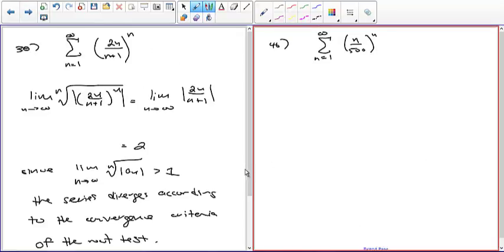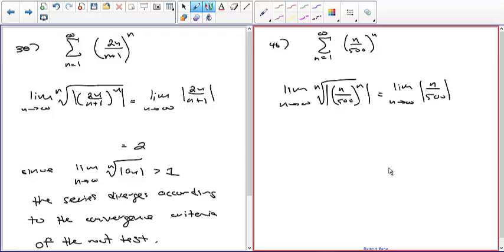Here's another one. So we have (n over 500) to the nth power. So we take the limit as n goes to infinity of the nth root of (n over 500) to the nth power, absolute value. So there you'd get n over 500, and that is equal to infinity, because as n goes to infinity, you get infinity over 500, which is still infinity.